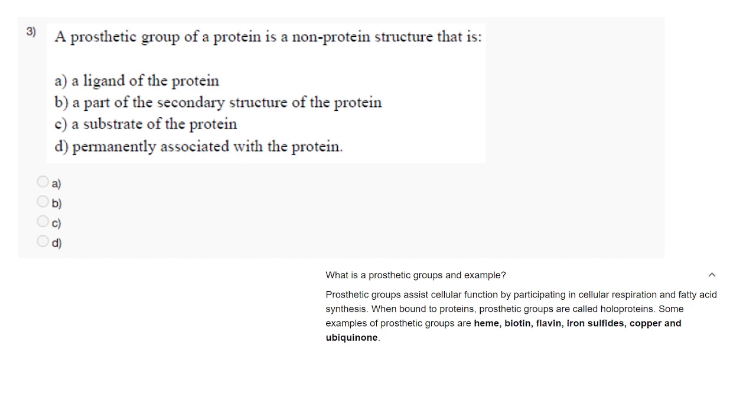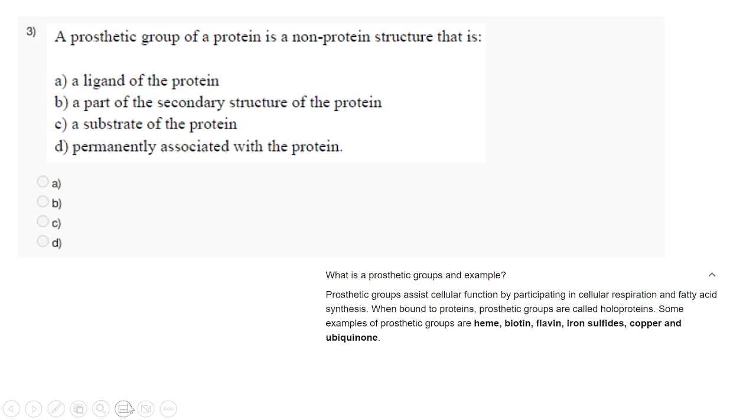A prosthetic group of a protein is a non-protein structure that is a ligand of a protein, a part of the secondary structure of a protein, a substrate of a protein, or permanently associated with the protein. Option D, permanently associated.